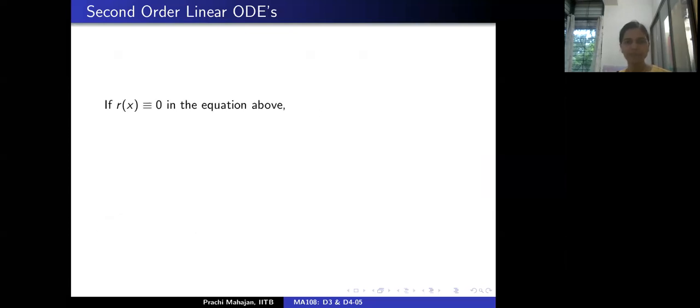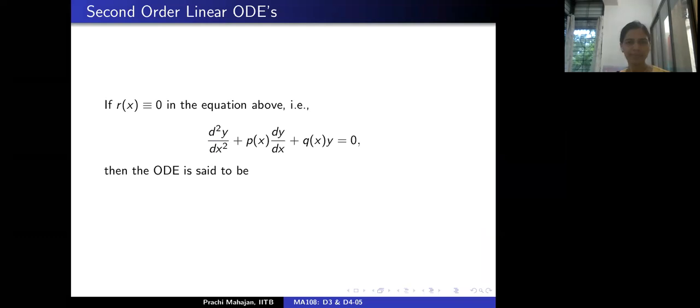Okay. So suppose r is identically equal to 0 in the above equation, the right hand side is set to 0, then what we have is the following ODE: d square y by dx square plus p(x) dy by dx plus q(x) y equals 0. Okay. So then this ODE is said to be homogeneous.